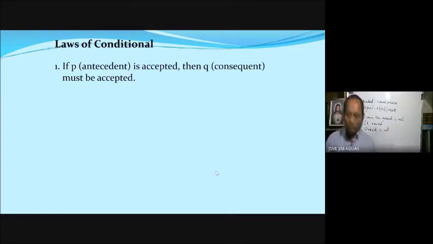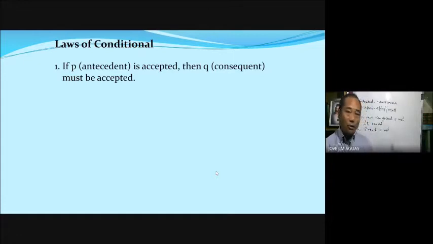That's the first rule of the conditional. If you affirm the antecedent, the reason or the cause, then you must also accept the consequent, the result.